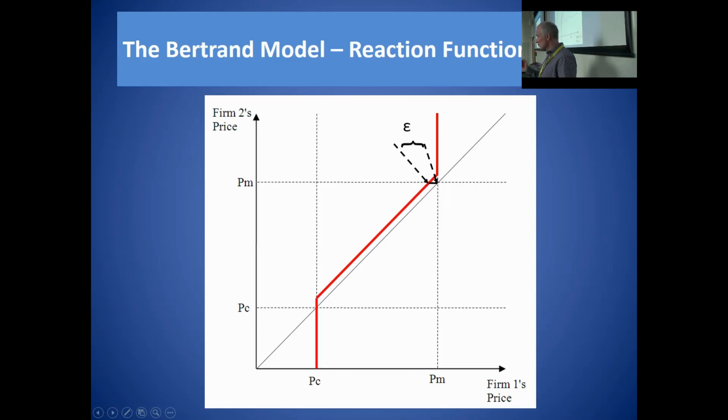The optimal strategy for firm 1 is then to charge a minimum price of its marginal cost of production. And so that then traces out the best response line for firm 1. Given the strategy chosen by its rival, the optimal response of firm 1 is that red line there. And that's it.